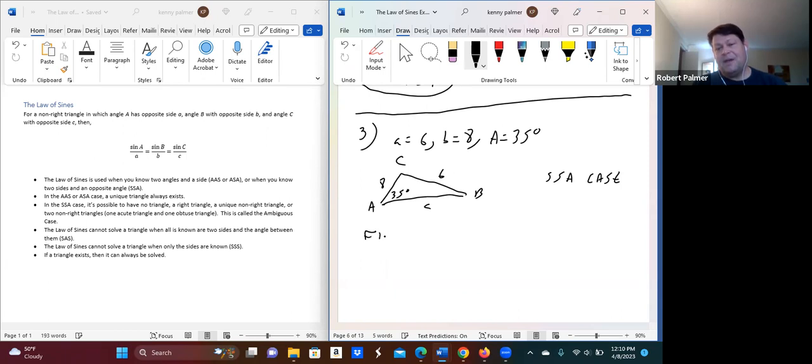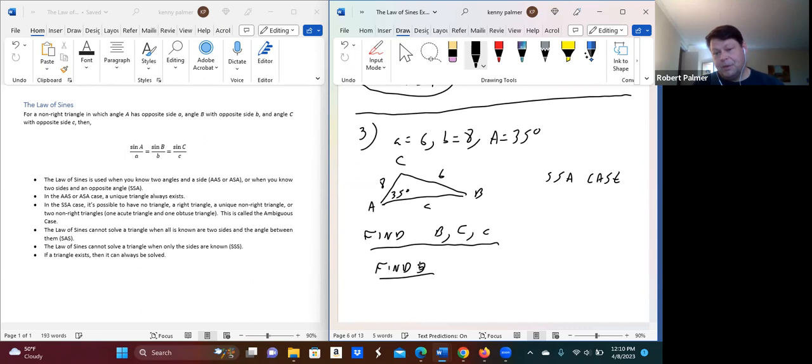Okay, so we need to find angle B, angle C, and side C. In this case, we actually have to find angle B first, because we don't know anything at all about C. If we try to find either angle C or side C first, essentially we have two unknowns in our equation, which doesn't work. So let's find B first.